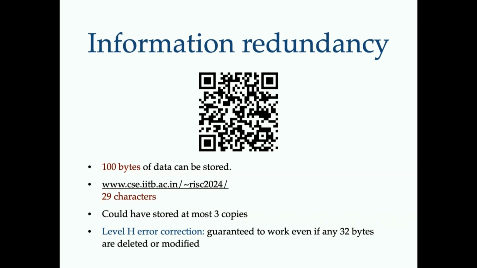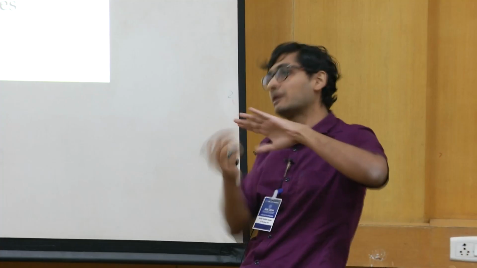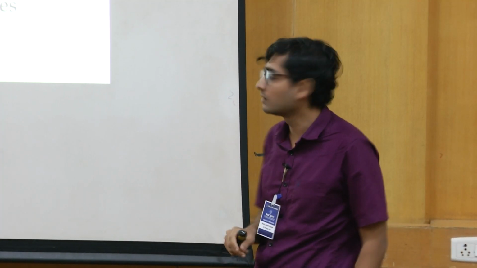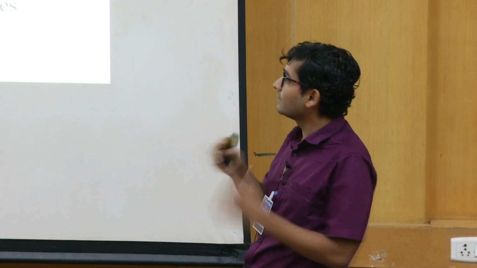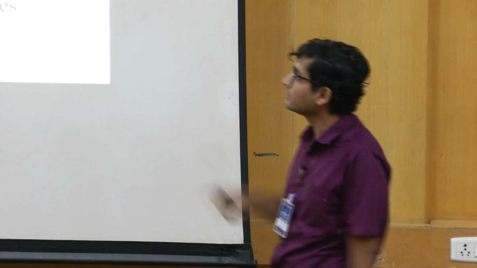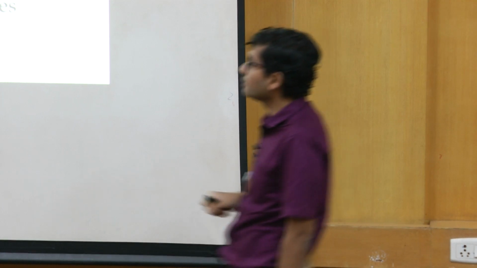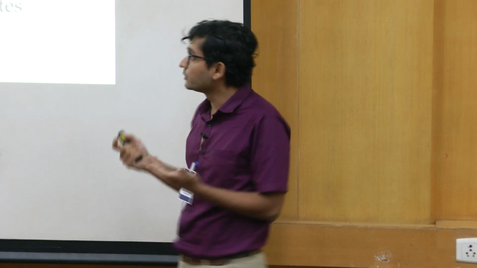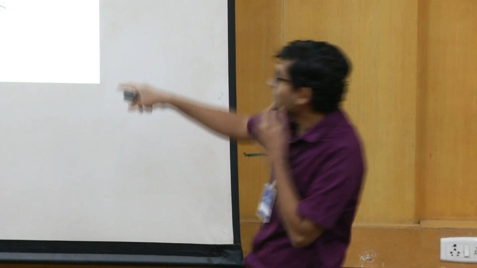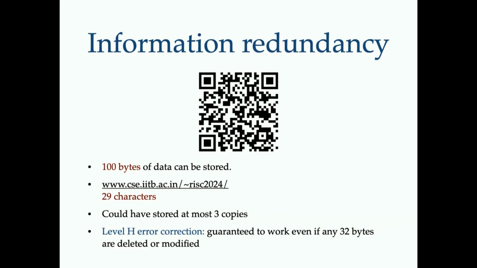Or even modify, not just delete, you replace them with some wrong bits. Even then you can get back the original information. So how do we do this? This is important: you can delete any 32 bytes from any part of this code and it will still work.